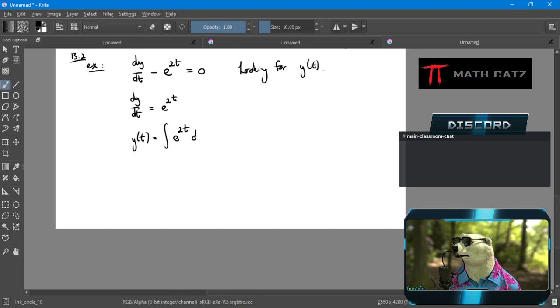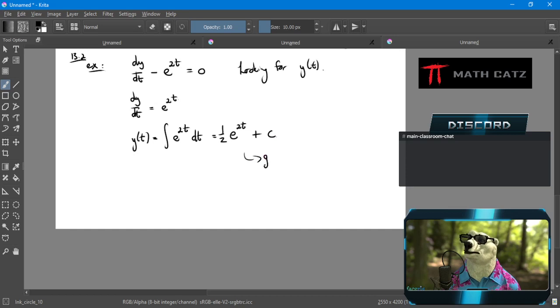So I'll set it up in my antiderivative language, and I can then go and say, okay, I can reverse engineer e to the 2t. It's e to the 2t, but because the chain rule is going to pop out a 2, I put a 1/2 in front. There's not a real need for substitution because it's such a simple backwards chain rule. And of course, my plus c.